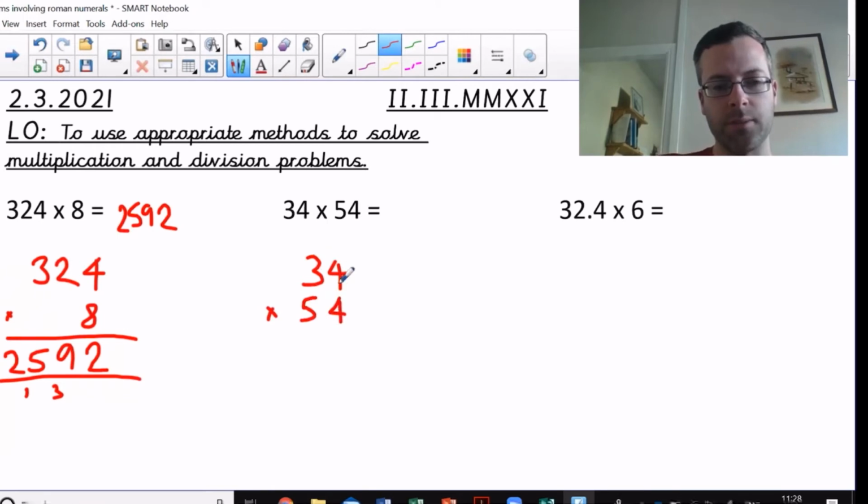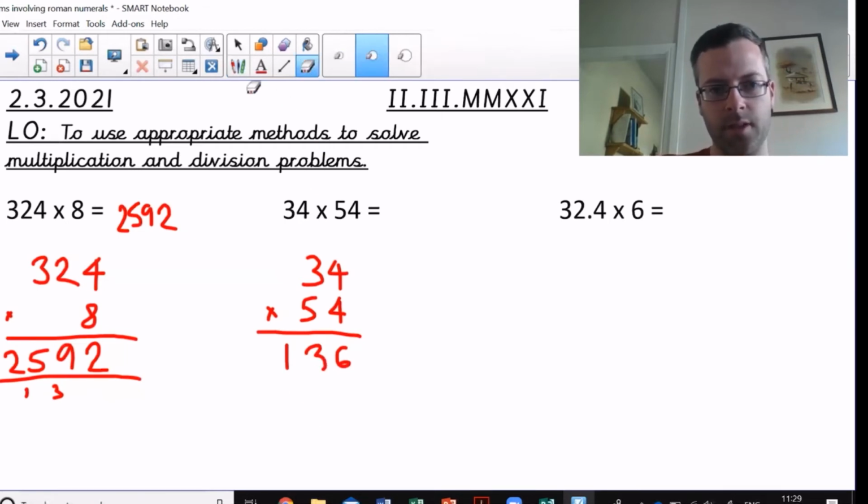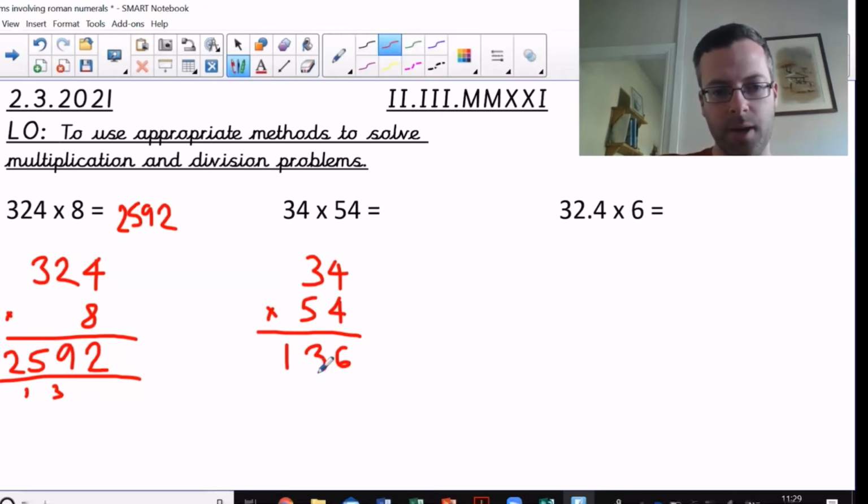Next one, 34 times 54. Well, I'm going to times that 34 by 4 first, and then I'm going to times that 34 by 50. So timesing it by 4, 4 times 4 is 16 ones, carry my 1. And then 4 times those 3 tens is 12 tens, plus that one, so I've got 13 tens. Then I need to times everything by this 50, and it is a 50, it's not a 5.